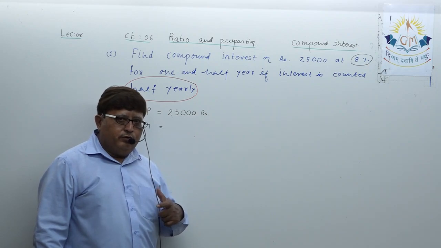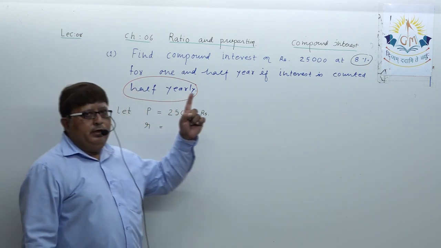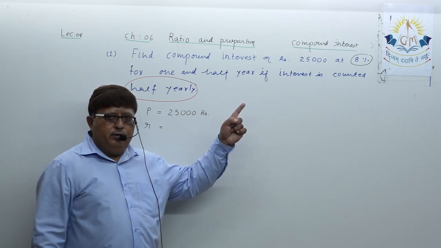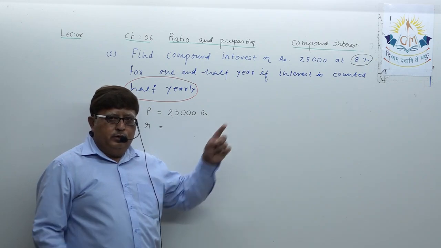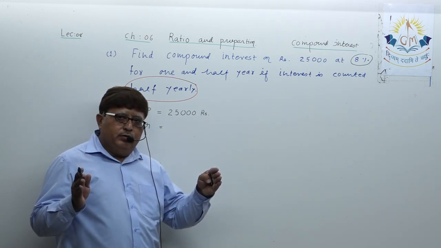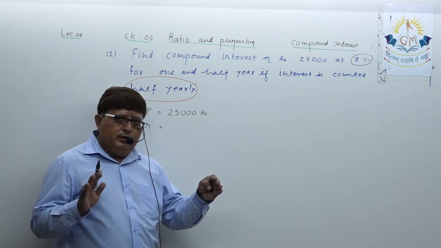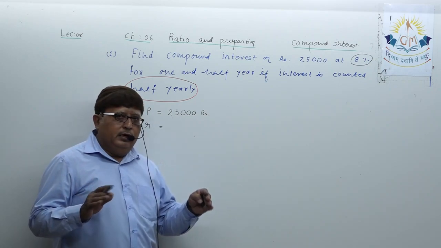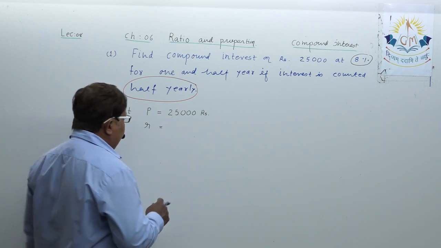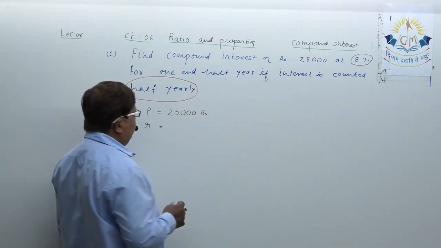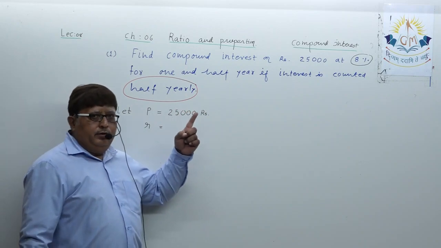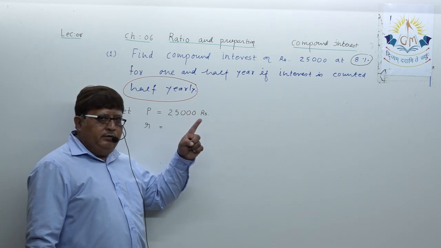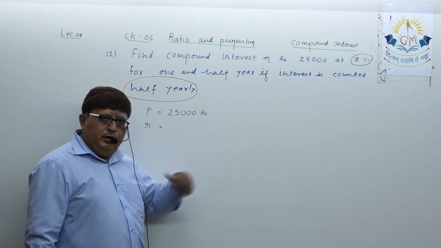So what should we do? You have to divide the rate of interest by 2, because you are not going to count the interest annually, but you are going to count interest half yearly. So dear student, whatever rate of interest has been mentioned needs to be halved.